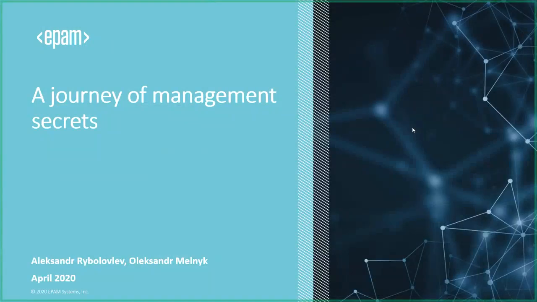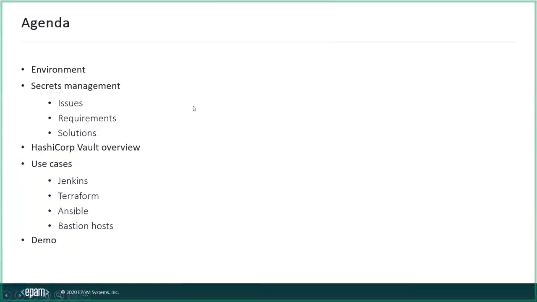My name is Alexander. Me and Alex, we are systems engineers at IPAM Netherlands. And today we're going to talk about our journey of managing secrets. Before we get started, we'd like to describe a little bit about our environment, about our automation toolset that we use every day. After that, we'll cover secret management issues, requirements, and possible solutions.